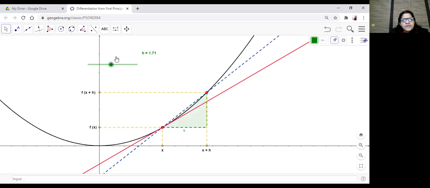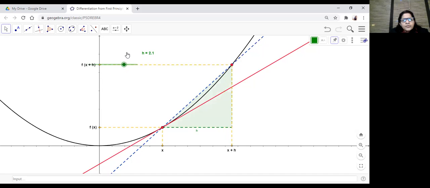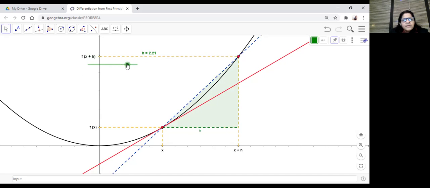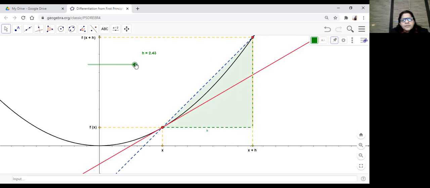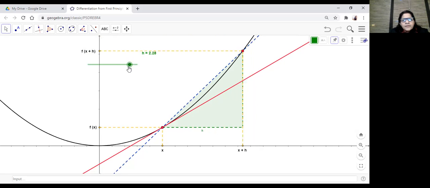As h increases, you are getting 2 distinct points and a second line.